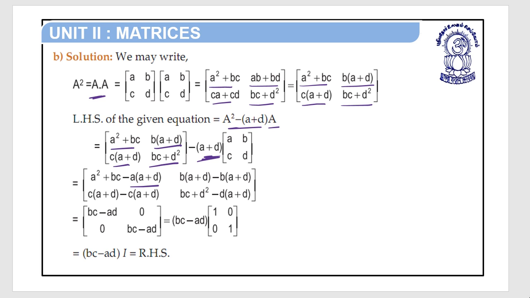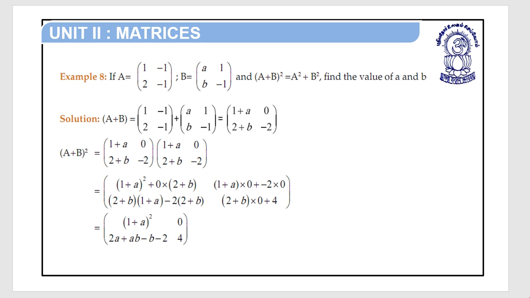So b into a plus d minus b into a plus d, plus minus cancel, c a plus d minus c a plus d cancel, bc plus d square minus d a plus d. So solve these: bc minus ad, 0, 0, bc minus ad. Now bc minus ad is common, with 1 0 0 1. So bc minus ad times I is equal to the right hand side solution.